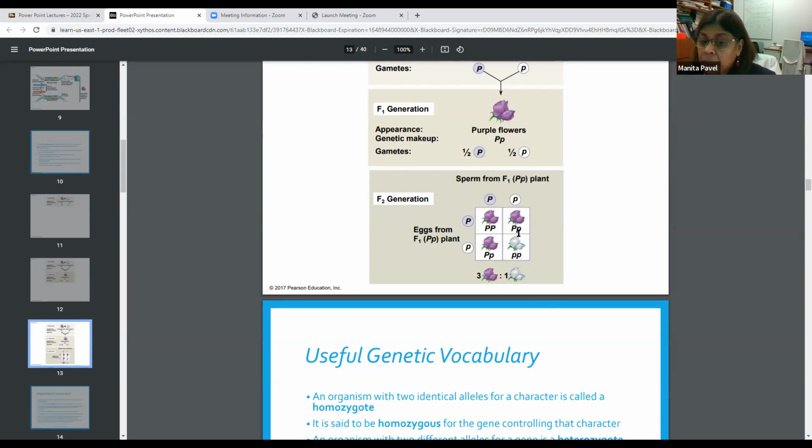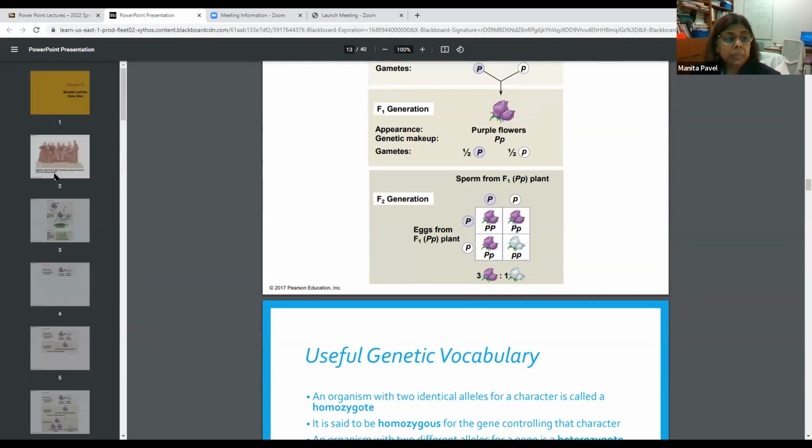But there is one homozygous dominant purple with 2 heterozygous dominant purple and 1 heterozygous white recessive. So always the 3:1 ratio is 1 homozygous dominant with 2 heterozygous dominant purple, 1 homozygous white. So it's a 1:2:1 ratio.